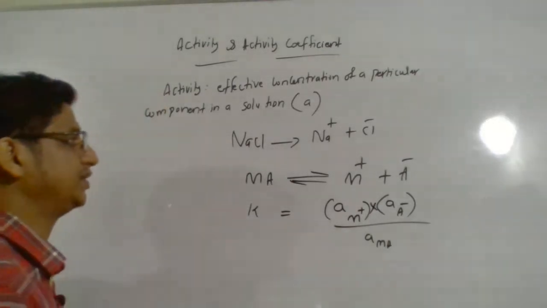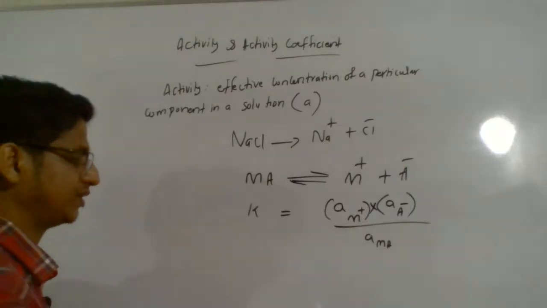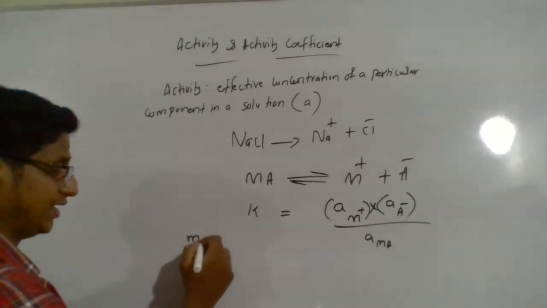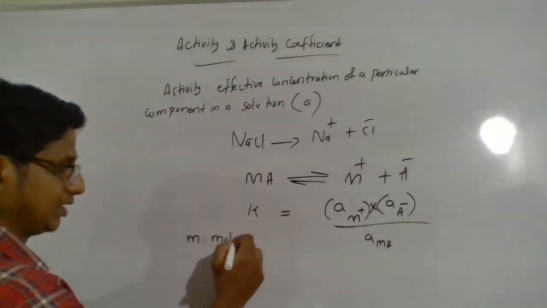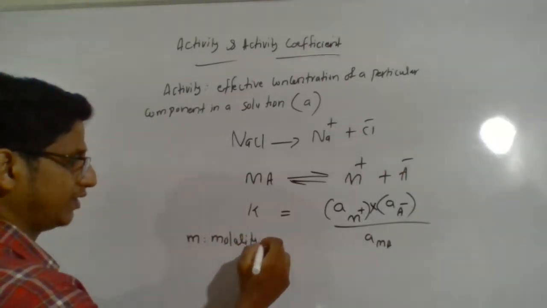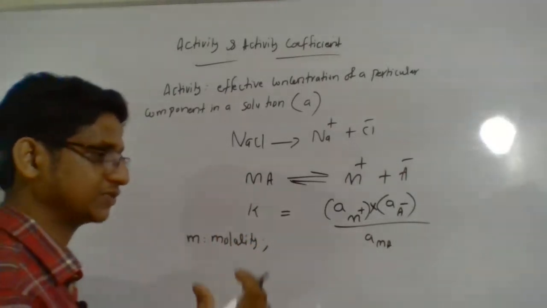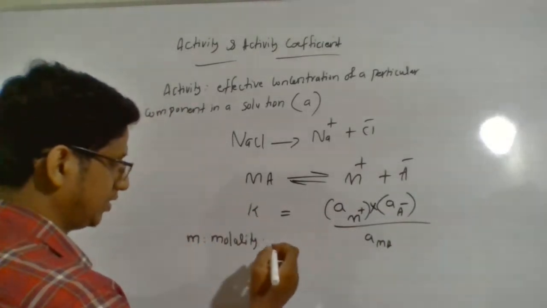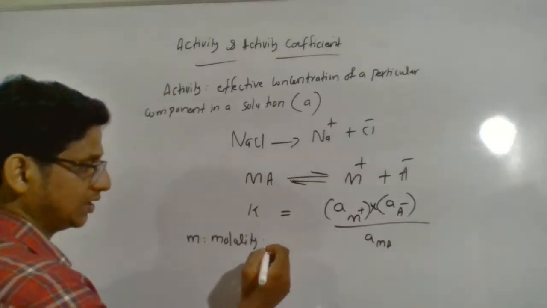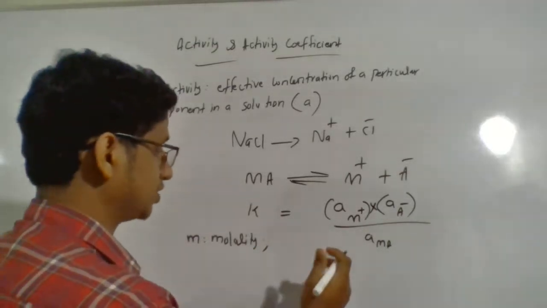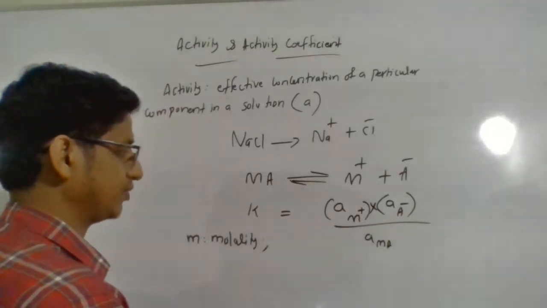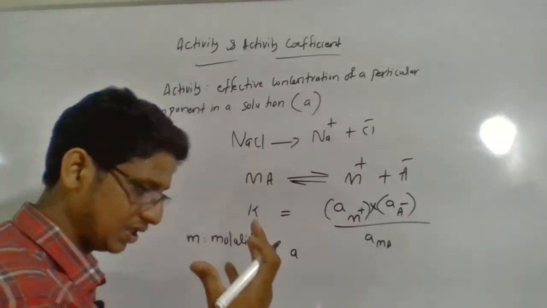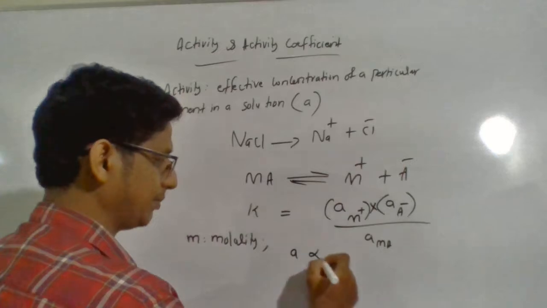Now, what is activity? How can you find the activity? If we express the concentration of a particular electrolyte in molality, m is the molality. What is molality? It is the number of moles of solute divided by kilogram of the solvent. So activity is a concentration itself, definitely proportional to m.